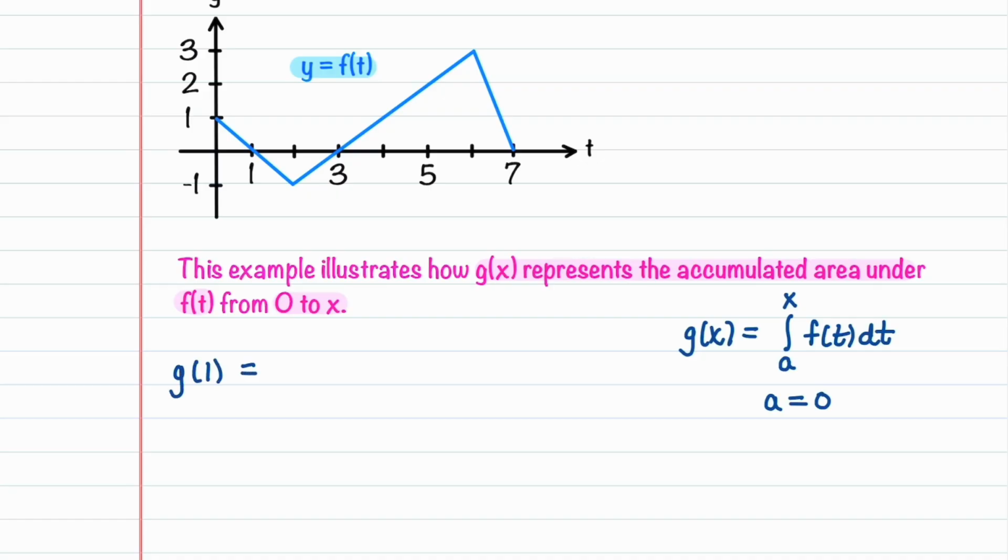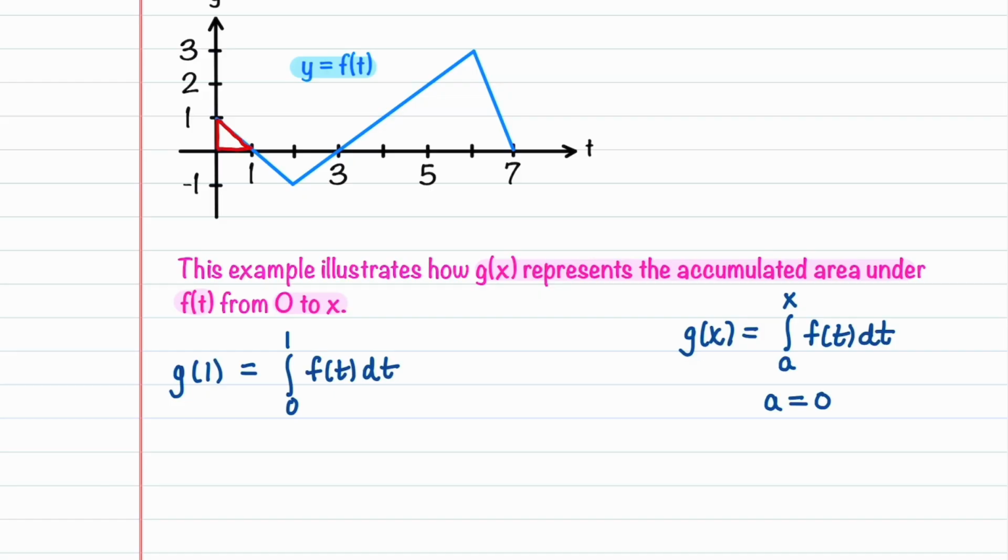All we have to do is replace x with 1. So this is the integral from 0 to 1 of f of t dt. If we look up at our graph, the integral from 0 to 1 of f of t dt is this area right here.